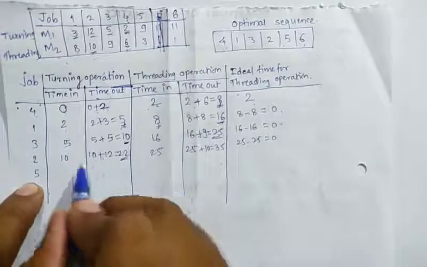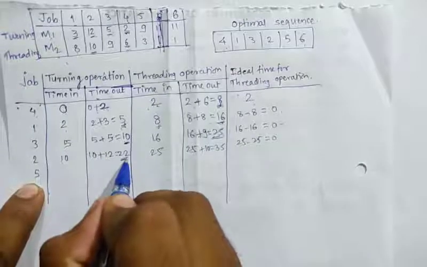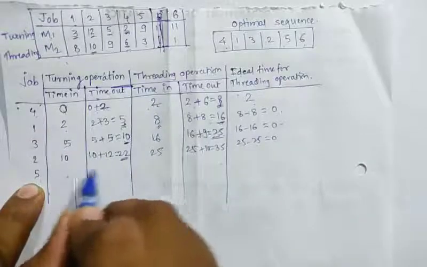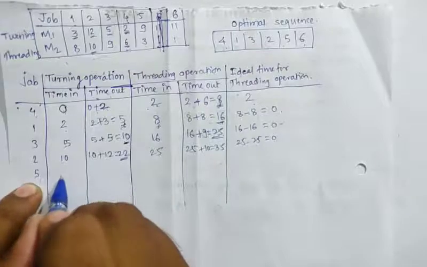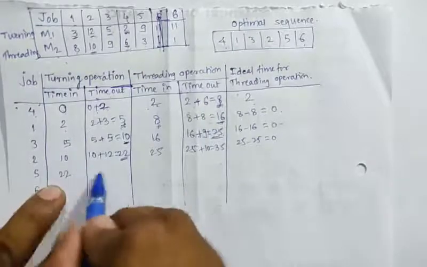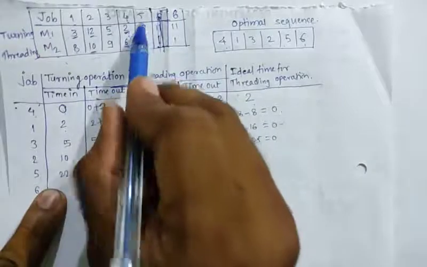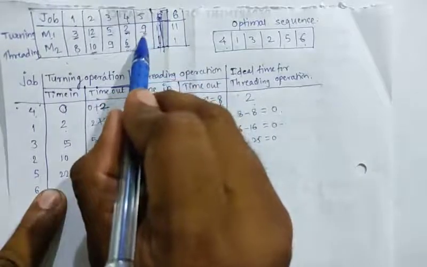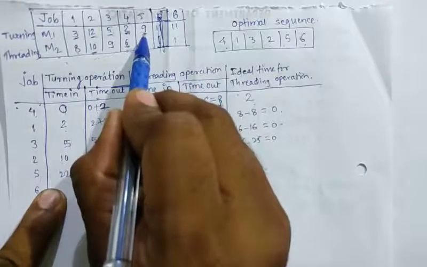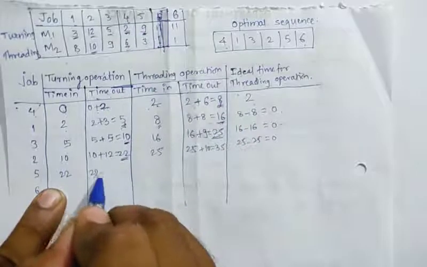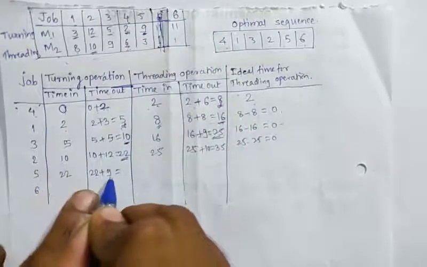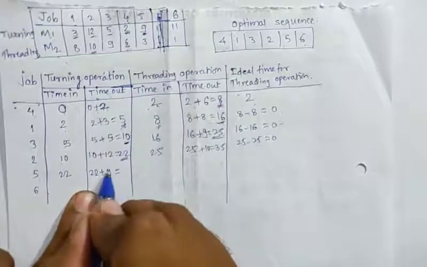Next, the time out of the first job is the time in of the next job. So 22 here. Now the fifth job: the first machine requires 9 minutes. So 22 plus 9, the addition is 31.